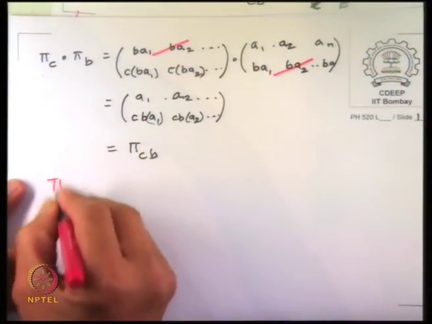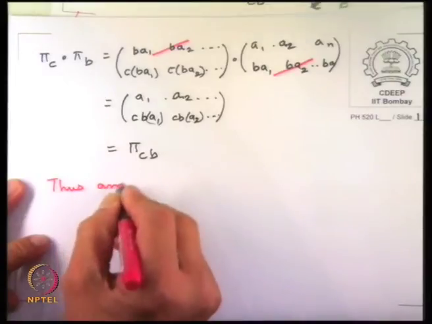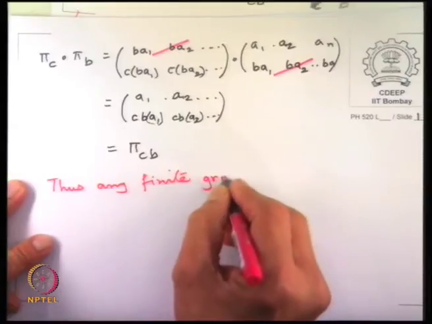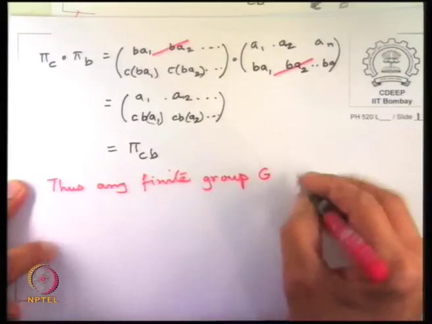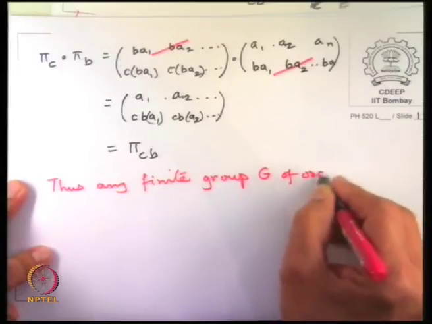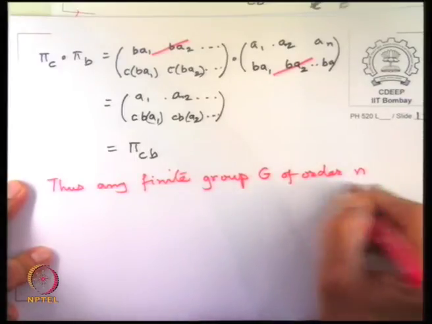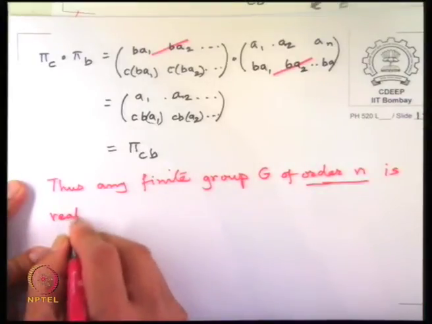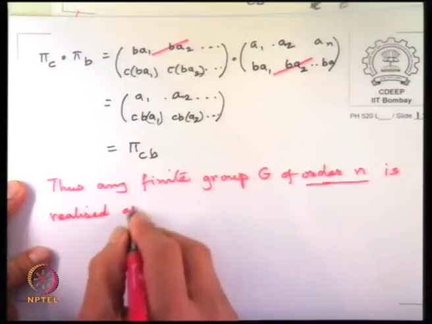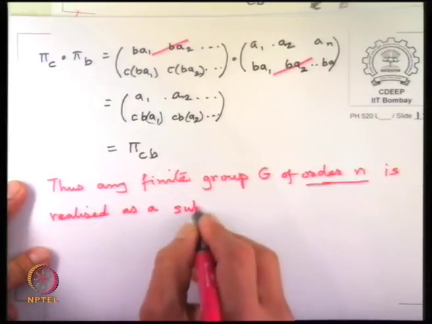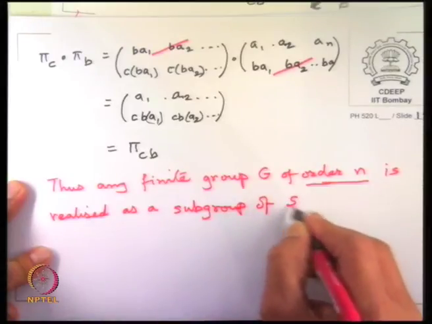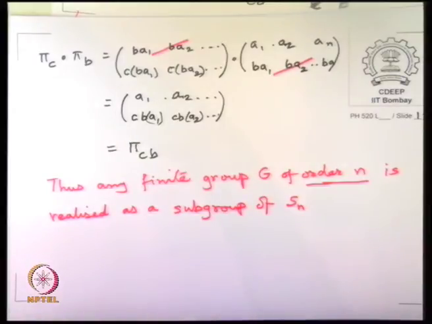So thus every group G of order n, this is very crucial, of order n, is realized as a subgroup of Sn, the permutation group Sn, which is a huge group.